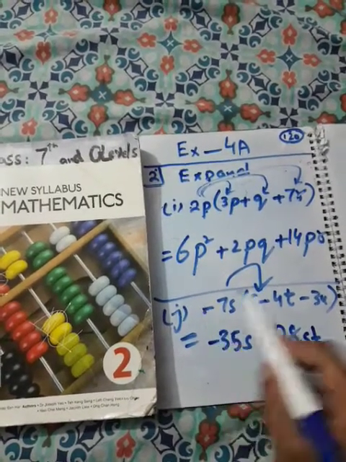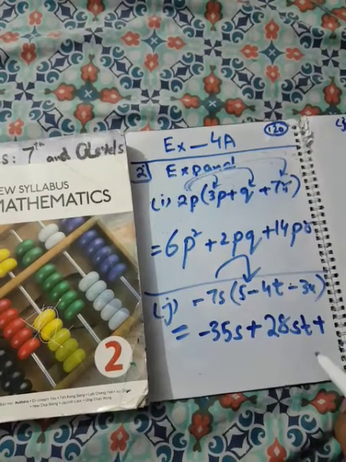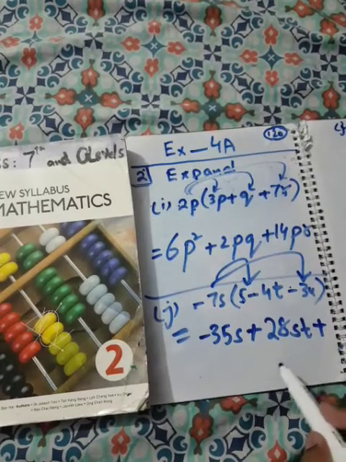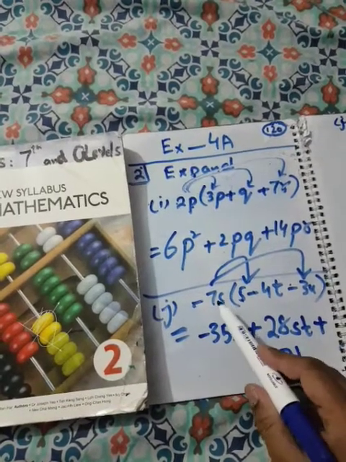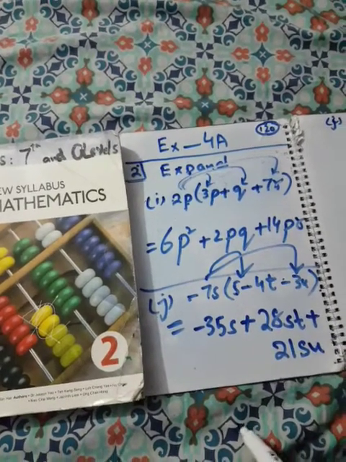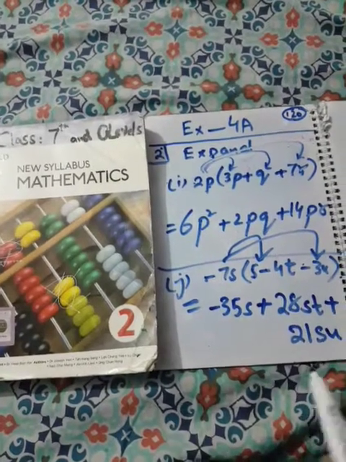And because of this minus sign, it will also be changed into positive. Because of less space, I'm going to shift to the next line. So 7 will be multiplied with 3. 7 times 3 will be 21, and you can write s at the start and u after that. Have you done this? Have you understood this?